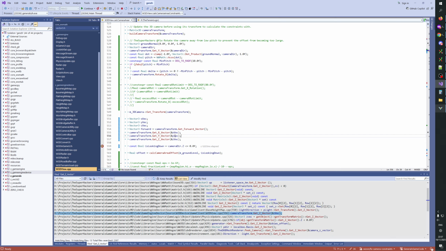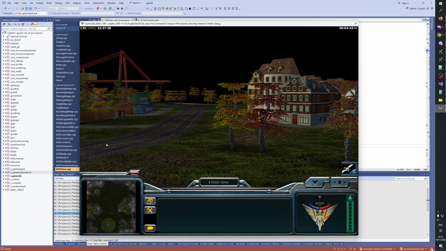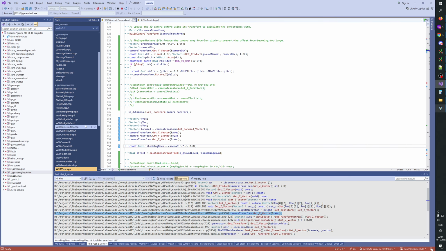Doesn't make sense. Z vector. That also doesn't make sense.